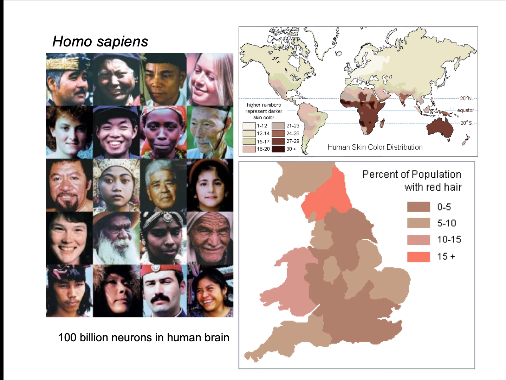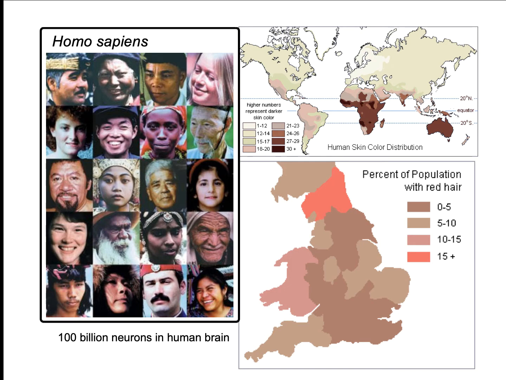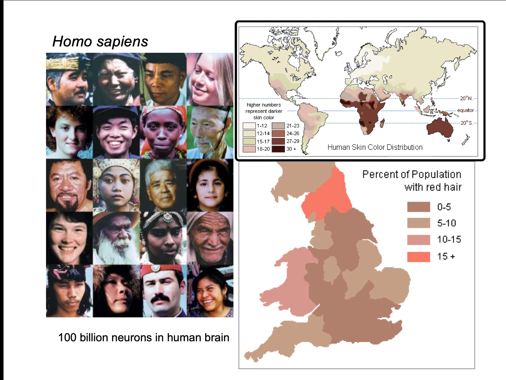Like most animals, humans exhibit a great deal of diversity and genetic variability. These are just some pictures of people from around the world, and you can see the morphological differences among them. This figure up here is a map showing the distribution of different pigmentations throughout the world. So you can see there's a great deal of variability there.